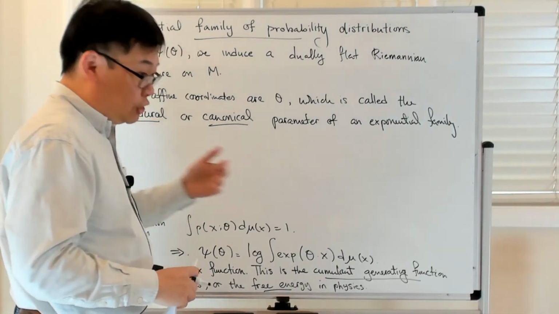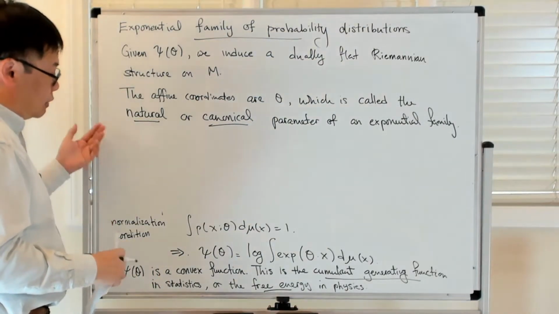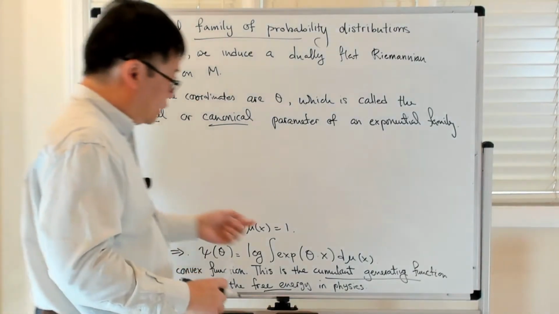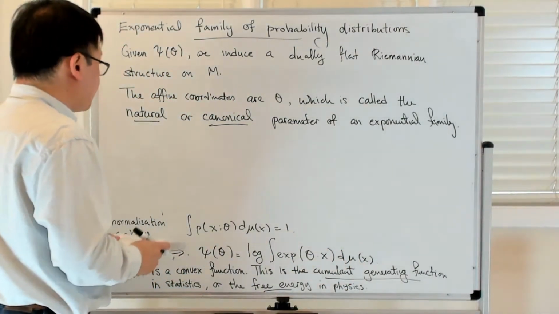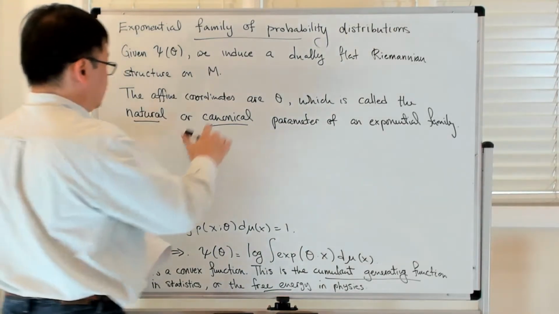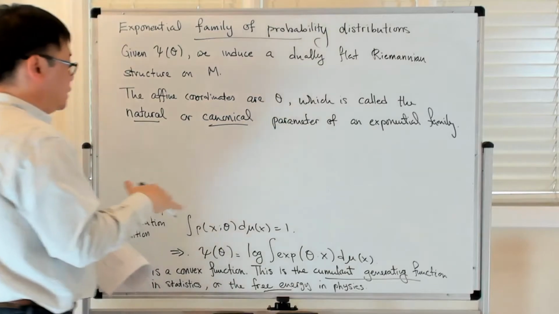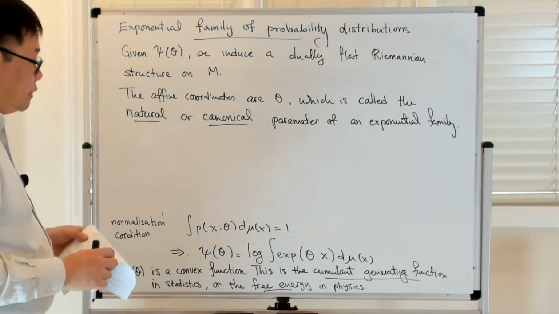And then there's the measure you endow the random variable space with, which either equivalently defines mu or defines this k of x term which we had before. All right, so you have these affine coordinates, the natural canonical parameters of the exponential family.